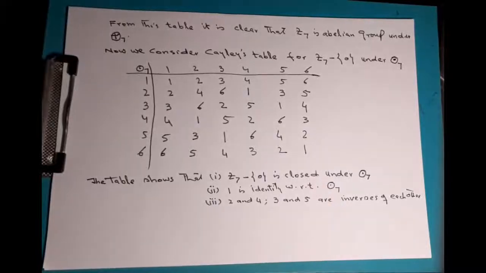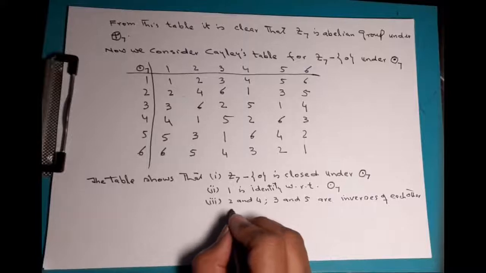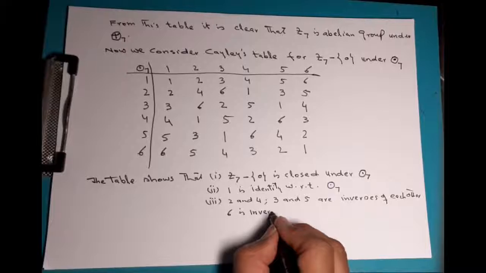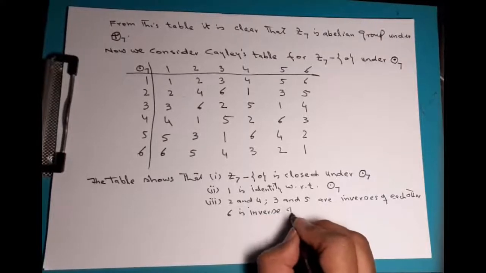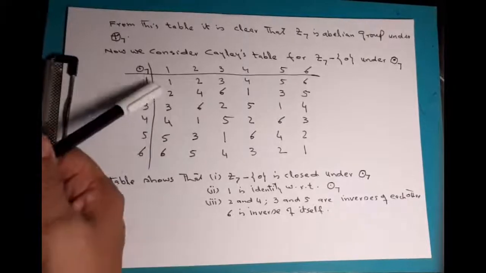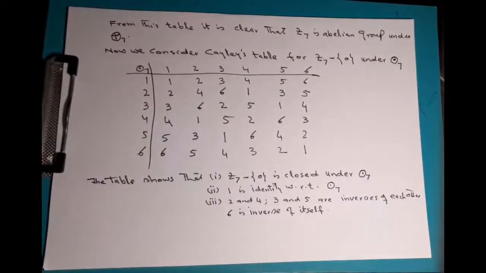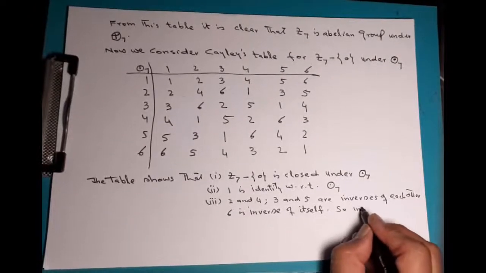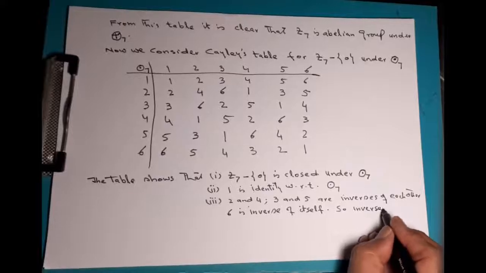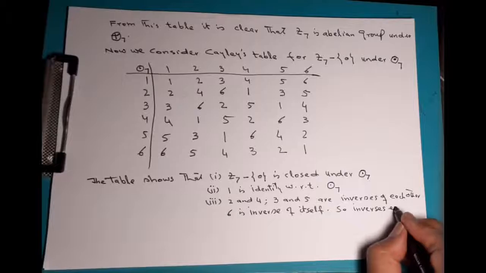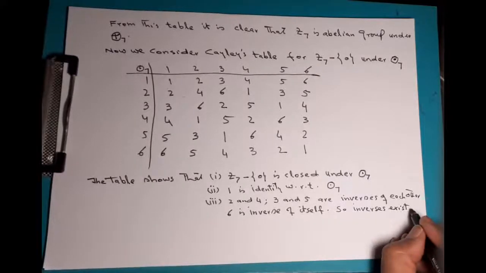So 6 is inverse of 6, or 6 is self-inverse. 6 is inverse of itself. And you know that identity is always inverse of identity. So inverses exist with respect to multiplication modulo 7 in this particular set.